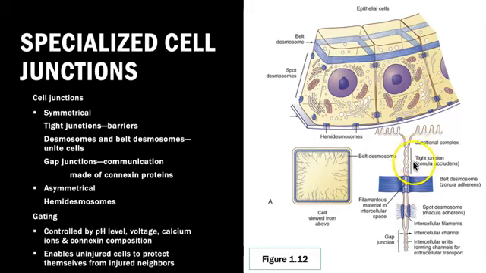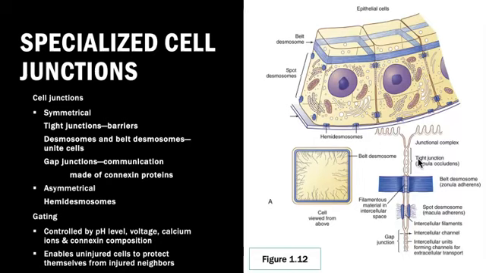They create a seal between two adjacent cells, which would prevent the passage of molecules and maintain distinct environments on either side of the tissues. We would find this in areas like the epithelial cells that line our intestines and also our blood-brain barrier, especially within the brain, so that we are preventing leakage.